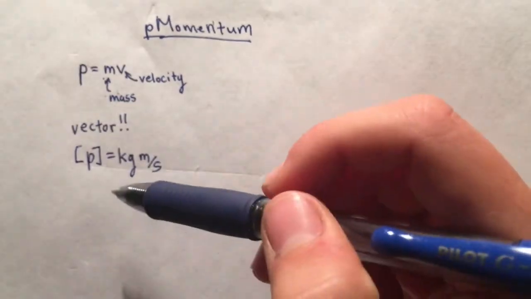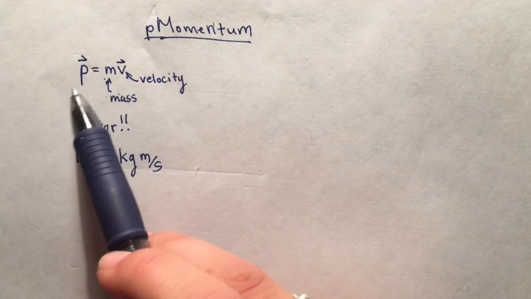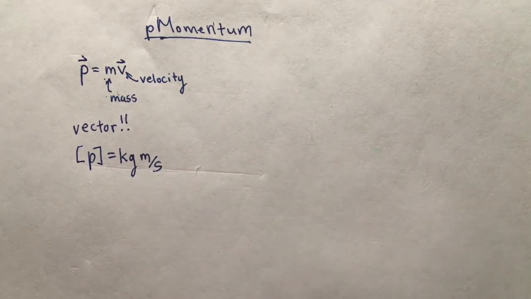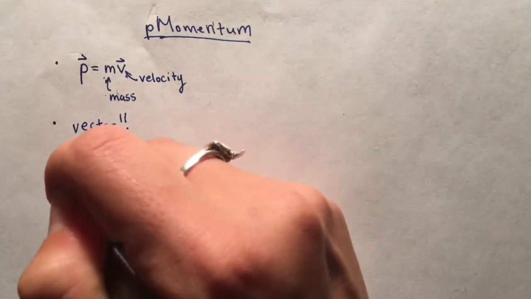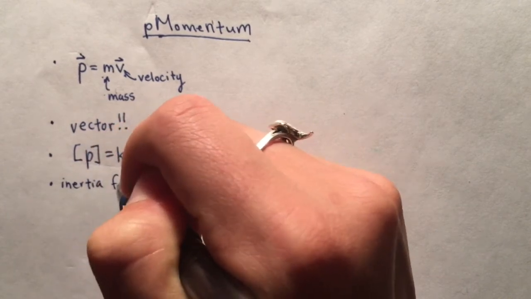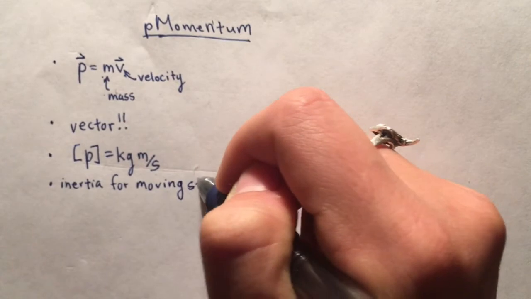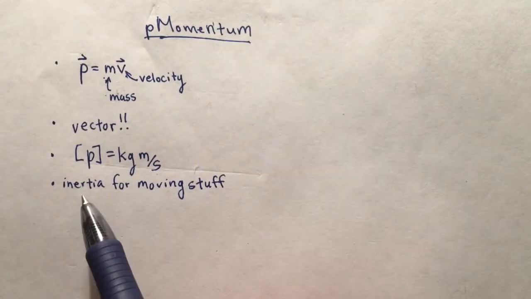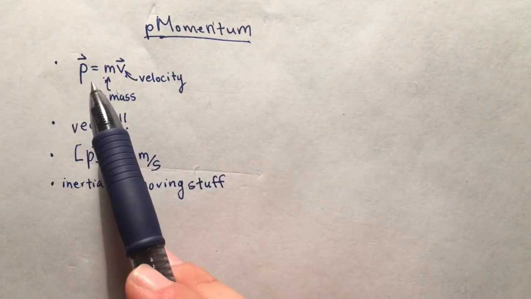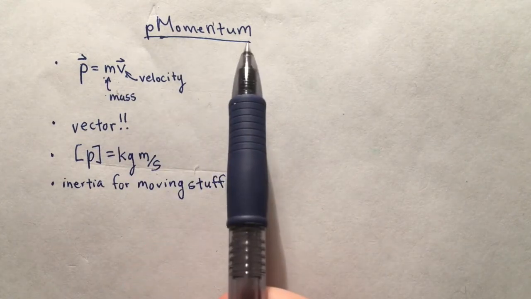So because momentum is a vector, we give the p a vector hat and the v a vector hat. Because momentum is a vector, velocity is a vector. And again, momentum is inertia for moving stuff. So if an object that has mass is moving with a certain velocity, it has momentum.